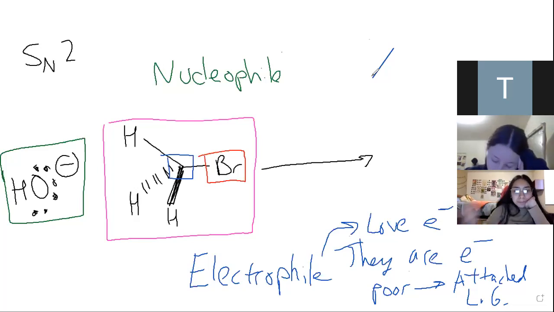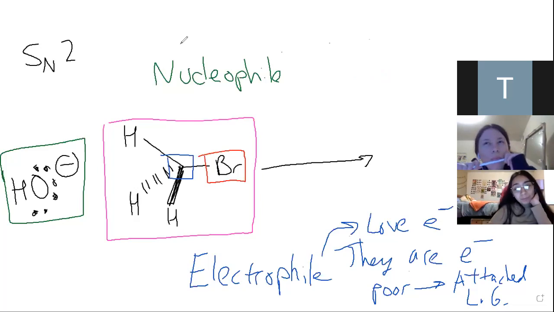Yes. How's it going, Melissa? Going. Okay. So then the other thing that we want to talk about is our nucleophile. What does the nucleophile refer to? What does the nucleophile love? Once you hear it, you're going to be like, oh, that's so dumb, because I know it because I'm so smart and I remember Gen Chem.